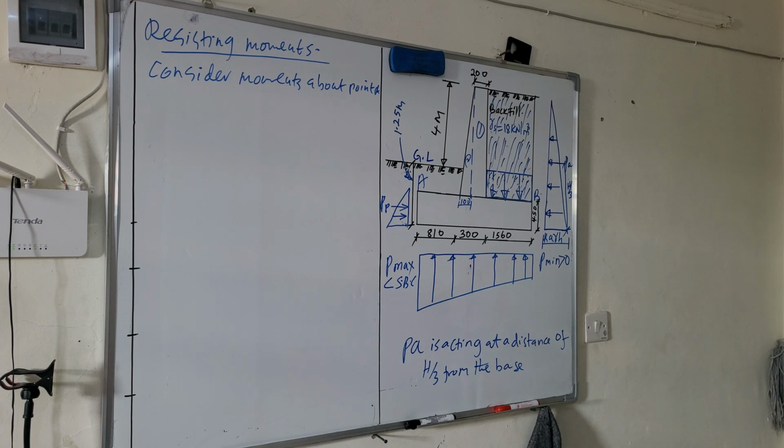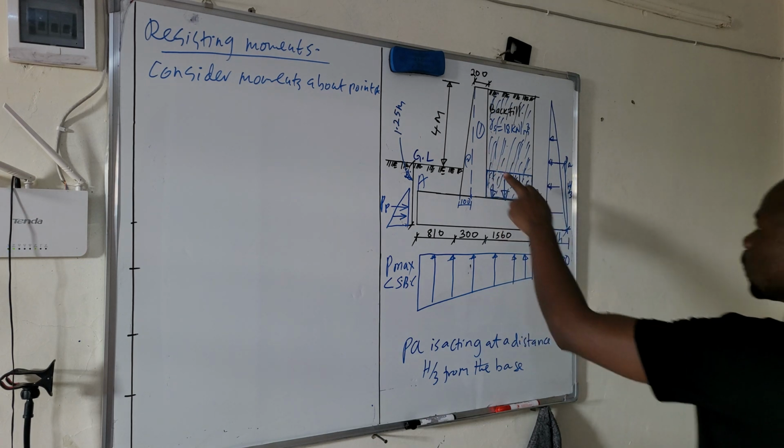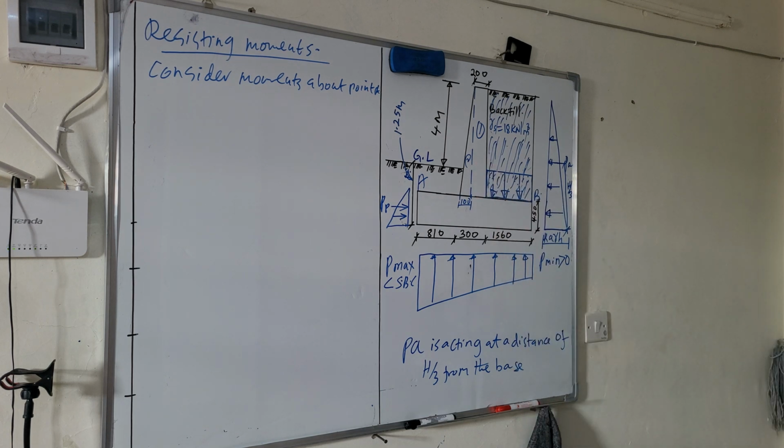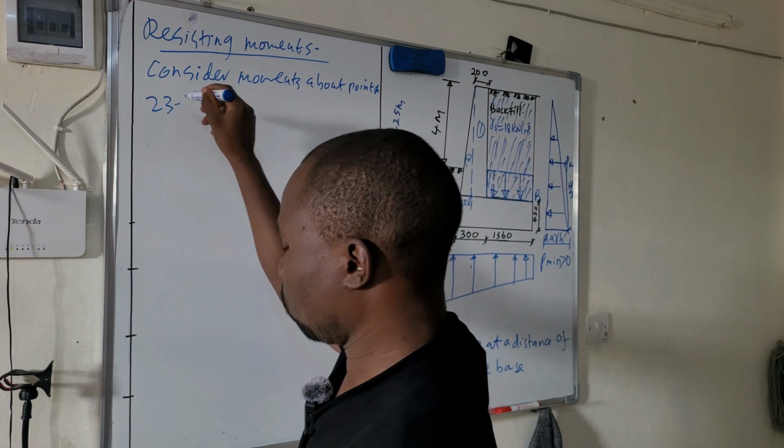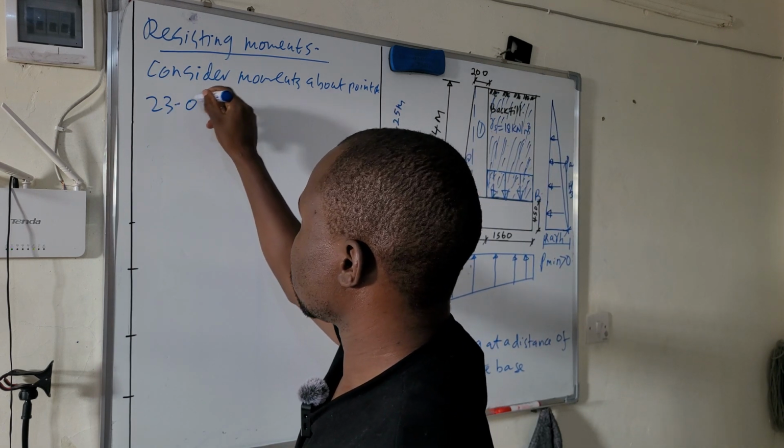So if we start with our force, which was as a result of force of stem 1, the force of stem 1 was 23.04.